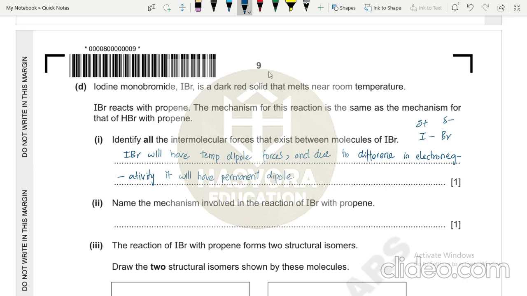Now name the mechanism involved in the reaction of IBr with propene. It is the same as with HBr. So the name for this mechanism is electrophilic addition.